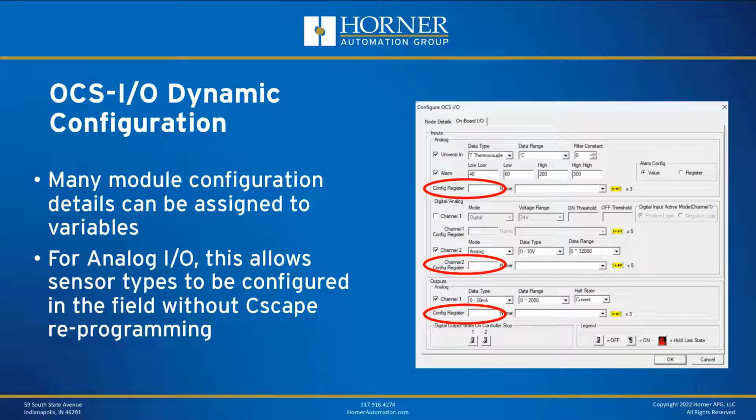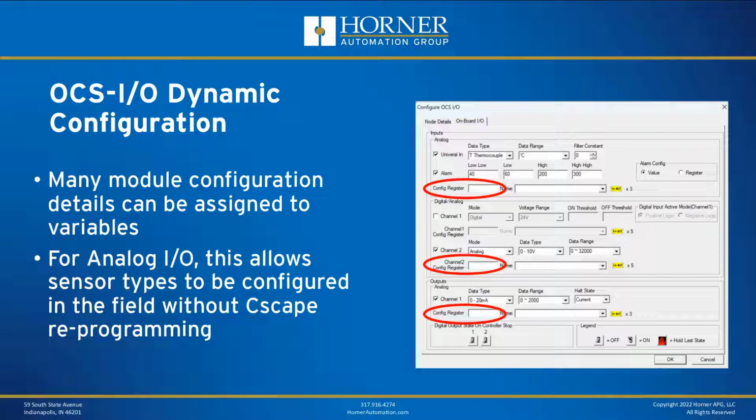You can assign variables or registers depending on the style of logic programming you're doing, and then you can select, for instance, whether you're using an RTD type or a thermocouple type or a 4 to 20 milliamp type, etc.